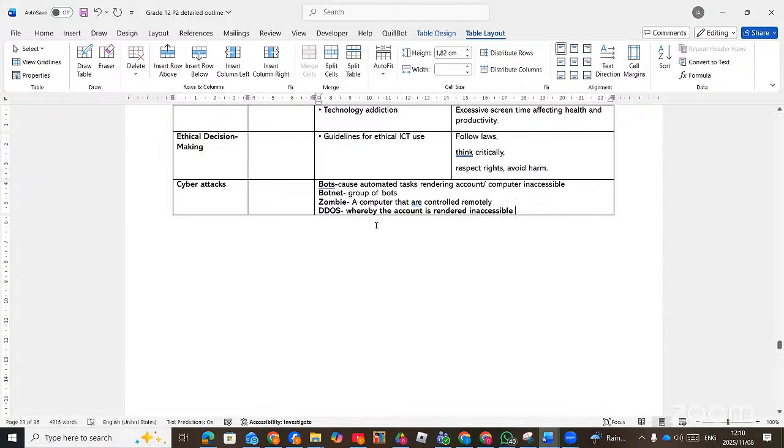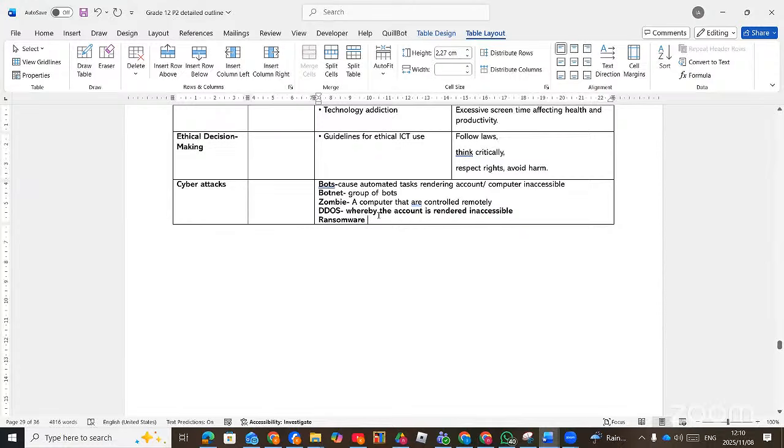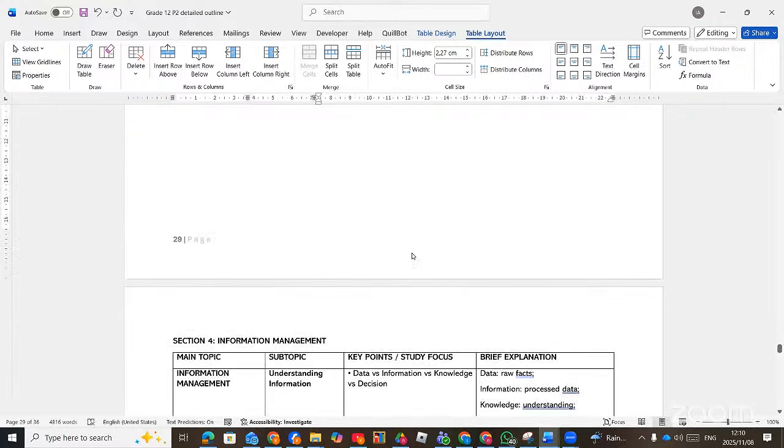So meaning you cannot get access to it. When they have all this, they call it distributed denial of service. And from here, they now demand what's called ransomware, whereby they demand money. So they lock the account and then they will now demand money. So you must know this comparison: the bot, the botnet, the zombie, the DoS attacks, and also ransomware. Right, so that is all about social implications.